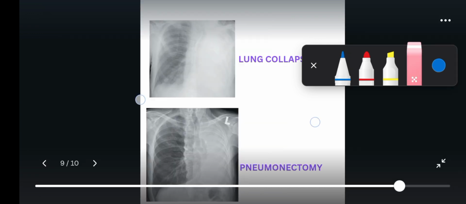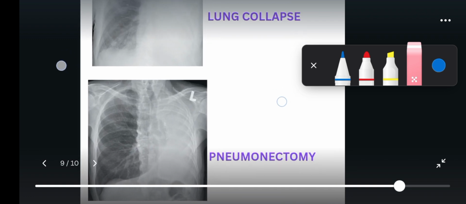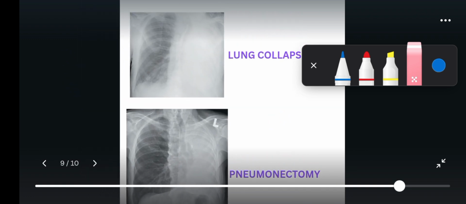The next image is a lung collapse. But we have to be careful when we see lung collapse, right or left lung collapse. We should be able to differentiate it with pneumonectomy, which involves removal of this part of the lung. In a lung collapse, you can see the mediastinal structure being shifted to the side of the collapse.